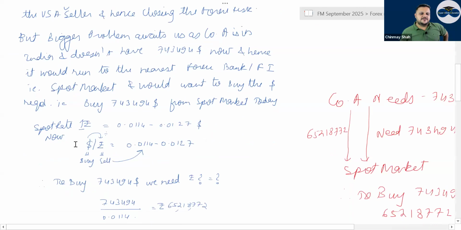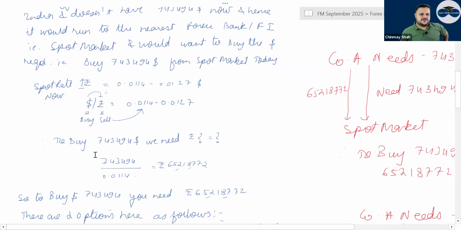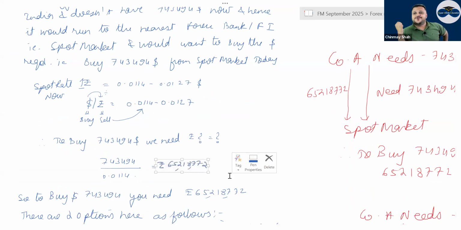For that, if you want to buy the dollar, that means you sell the rupees, right? Whatever it is, you will require 65,218,772 rupees, correct or not? But you are like, boss, rupees also I don't have. I can take from my business if my business has that much money, but I don't have this.